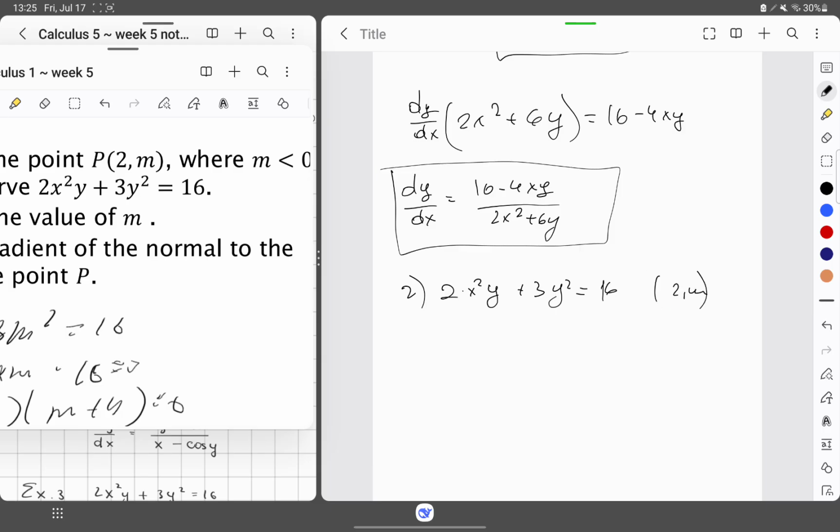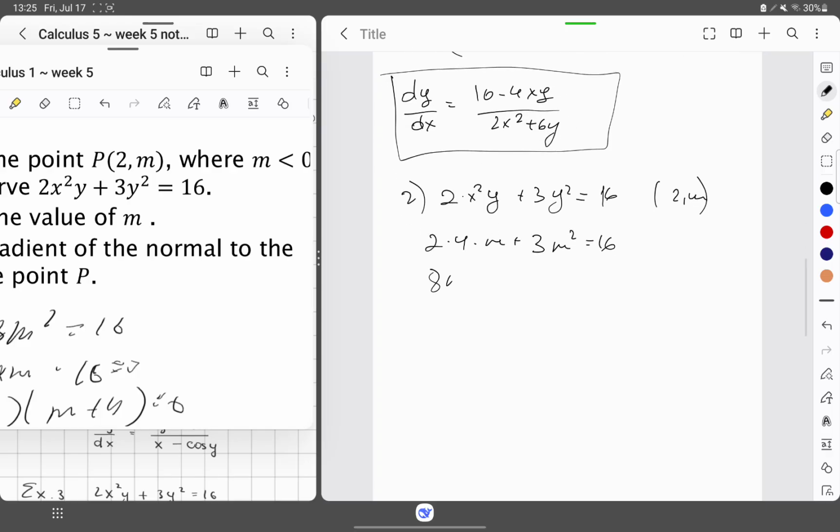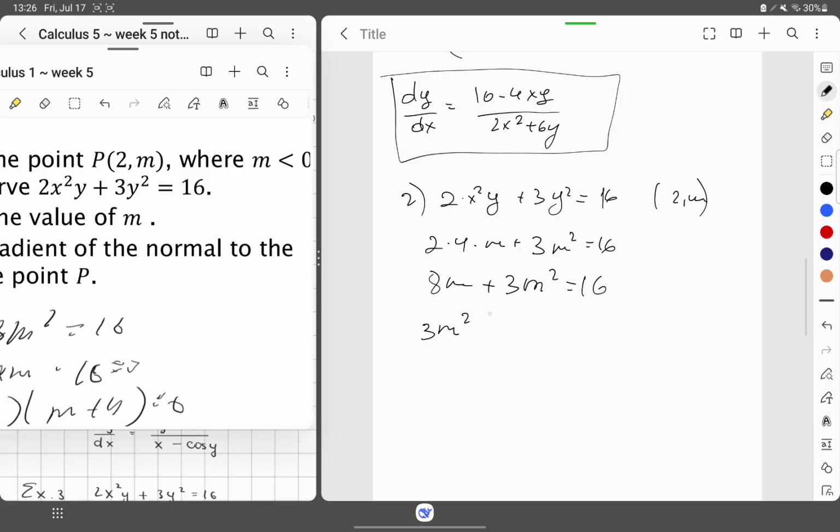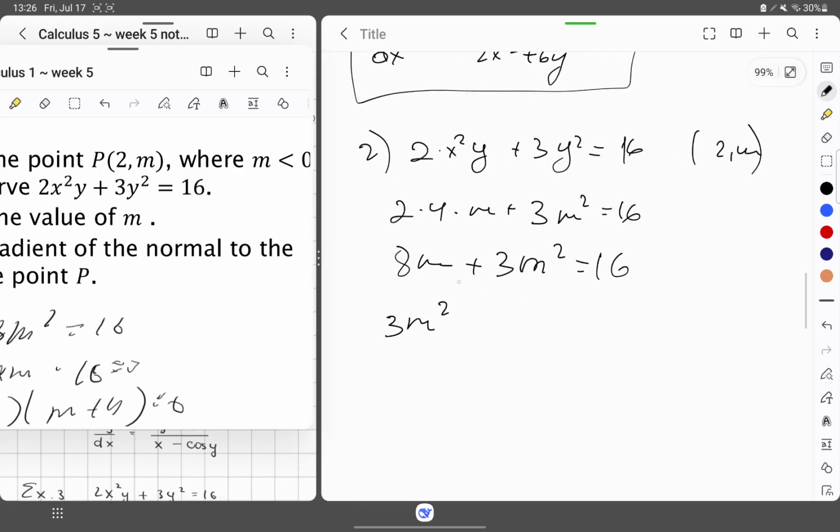So that is our points. 2 times 2 squared will be 4 times m plus 3m squared equals 16, 8m plus 3m squared equals 16. Oh my gosh, I don't want to do discriminant, but I think we will. 3m squared plus 8m minus 16 equals 0.